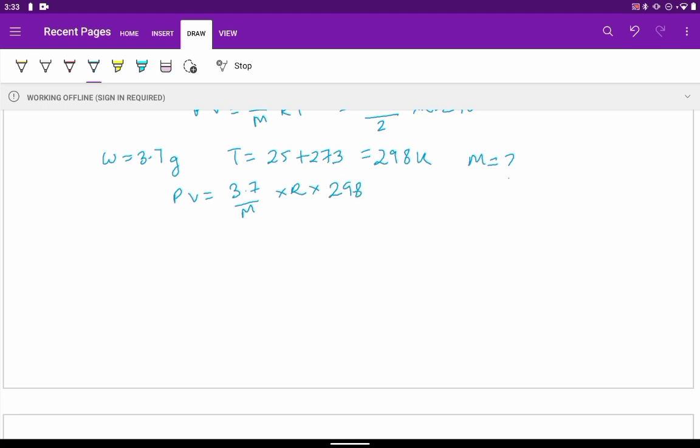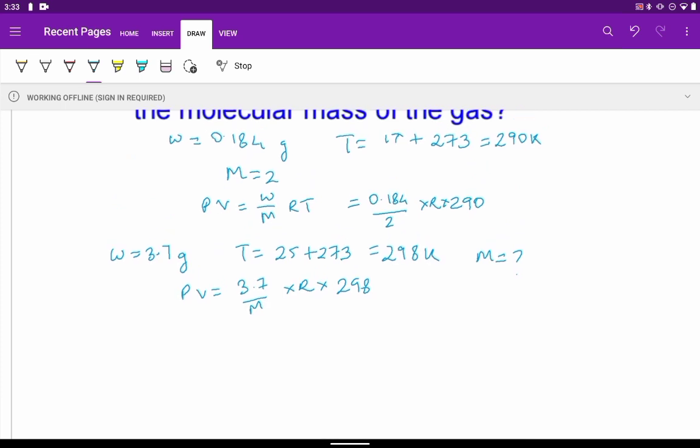Now for both the cases, PV is constant for hydrogen and this gas, so we can equate these two equations, because the left hand side is PV for both, which is same.